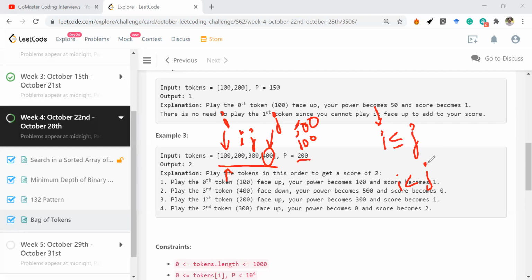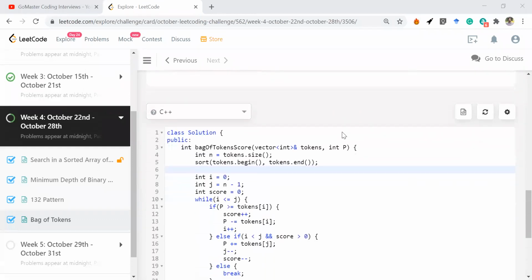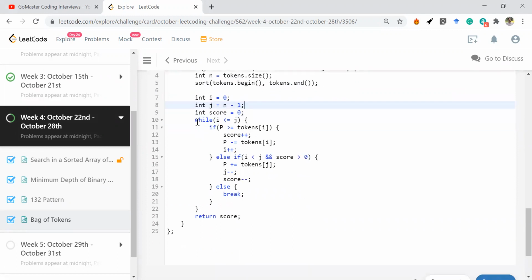Let me show you the code, which is going to be clearer. All the points are covered here. I have sorted the tokens already, and i is pointing to 0 and j is pointing to n minus 1, the last one. Score is 0 to start with. As long as i is less than or equal to j, that means there is at least one token left, if power is at least the current token, which is the smallest token available, I'm going to use it on that token.